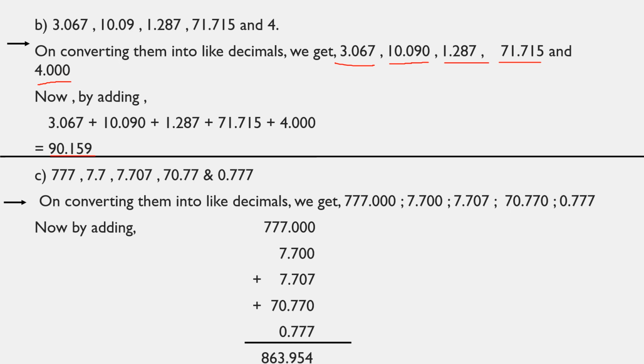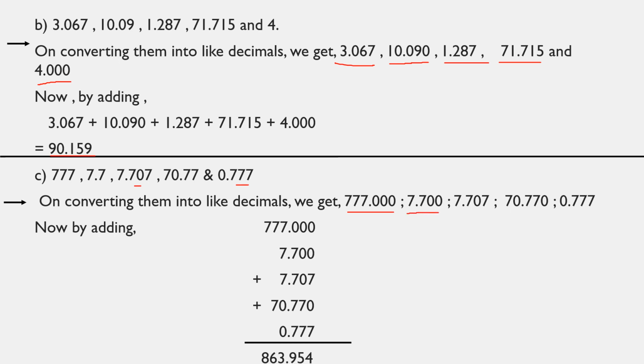Now we'll see next problem, that is C one, 777, then 7.7, then 7.707, then 70.77 and 0.777. So here also you can see that all these are not like decimals. So first we'll convert them into like decimals. So what we'll get, see here, maximum decimal places are 3. So we'll convert all these decimals up to 3 decimal places. So we'll start to write. So first number will be 777.000.